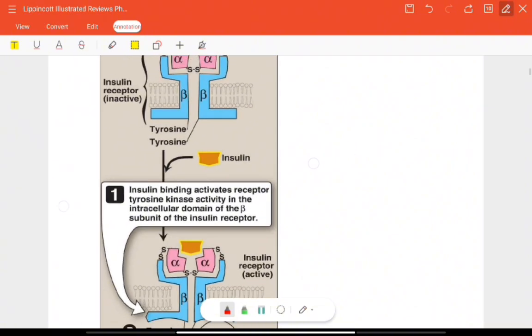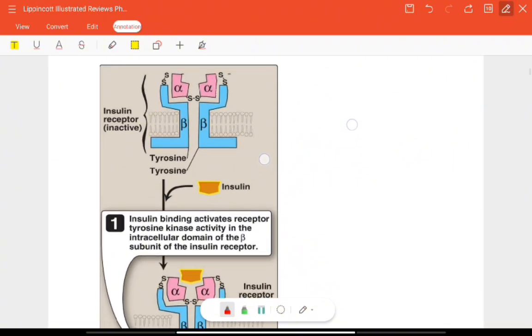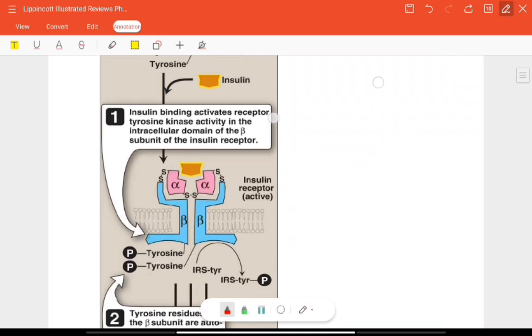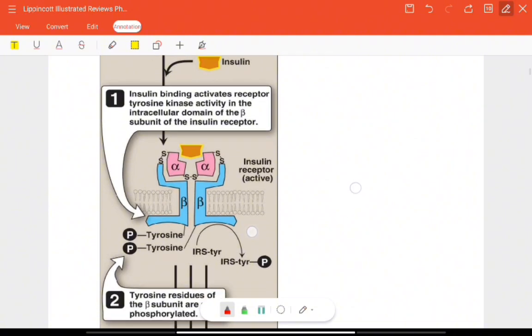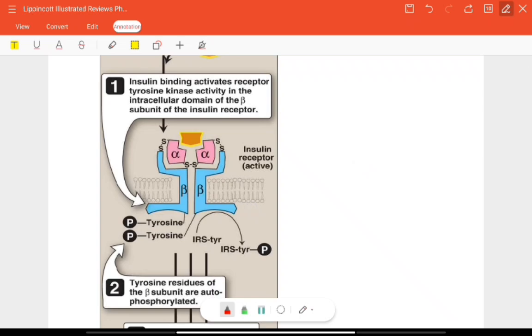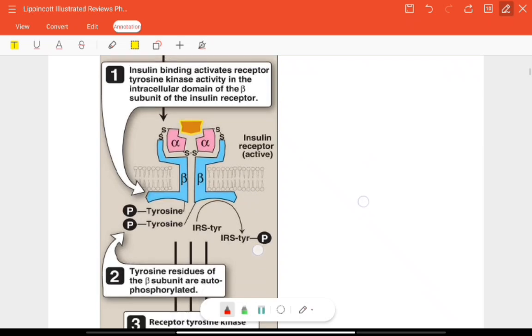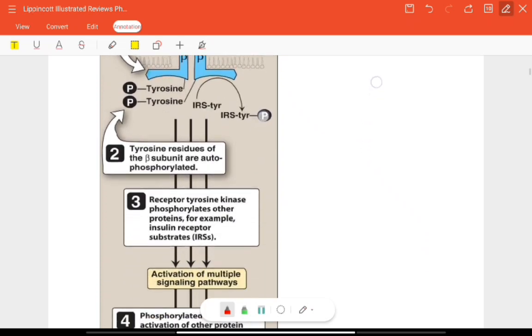Now this is an important one, the insulin receptor, inactive. First, it is inactive. This is tyrosine. Once the insulin arrives at its receptor site, it will bind and activate the receptor tyrosine kinase activity. This is an enzyme, activated in the intracellular domain of the subunit of the insulin receptor.